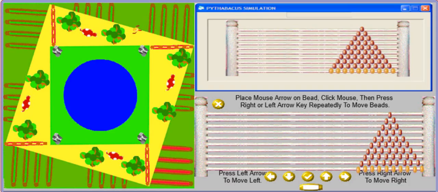And the diagonal dividing the rectangles into 2 triangles, C. So these diagonals are C. And therefore, the grazing land and the pond bordered by the diagonals will equal C squared.